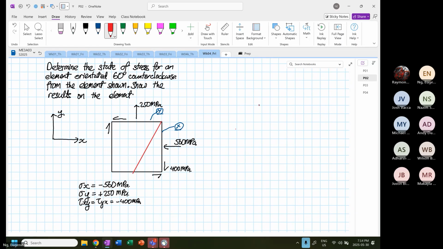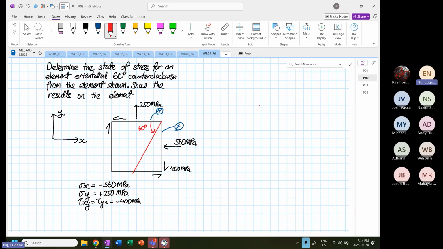Okay, so 60 degrees anti-clockwise. Okay, so this is 60 degrees from the element shown. Okay, so that is our angle.